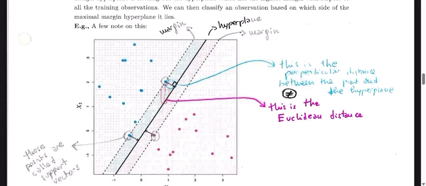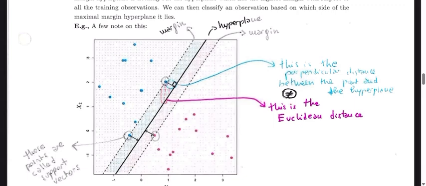We want to maximize the distance between the upper plane and the two closest points from both sides. The ones on the margin, we call them support vectors. This guy is a support vector. The ones on the margin are called support vectors.